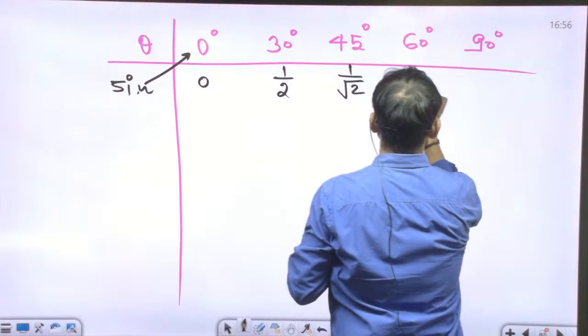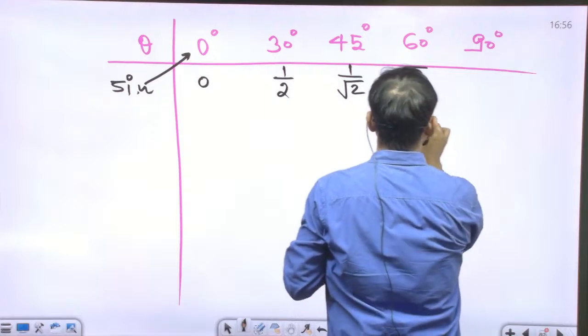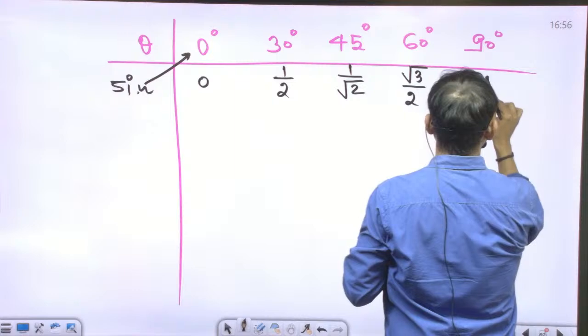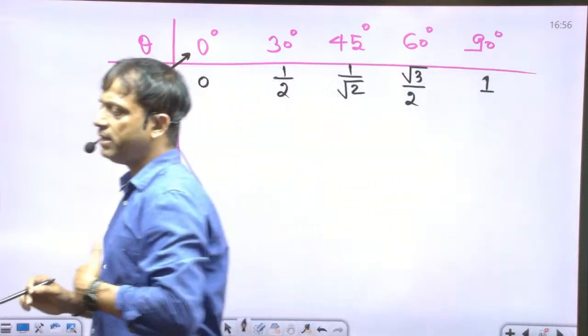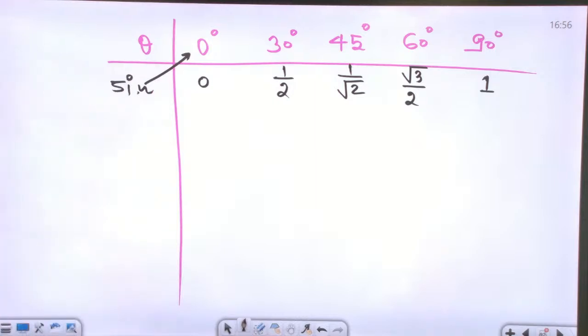Sine 60 degree will be root 3 by 2. Sine 90 degree will always be 1. Okay.